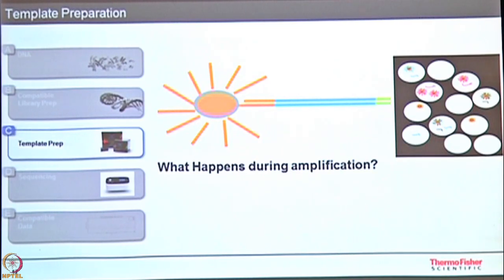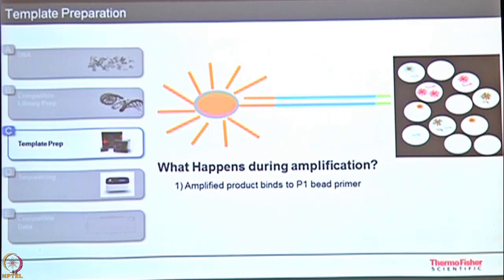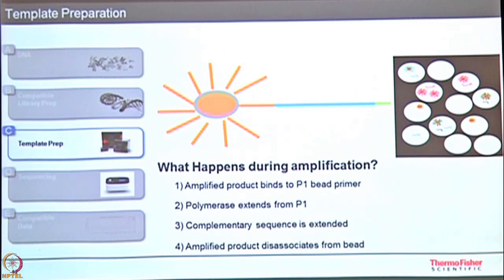Now this goes through a cycle of denaturation, annealing and extension like your normal PCR. You are not manually involved in all this process; all this is being done by these systems, either semi-automatedly or fully automatedly. Then when it gets denatured, it again binds to another oligo on that same bead, and that is how you are clonally amplifying this particular molecule onto the ion sphere.